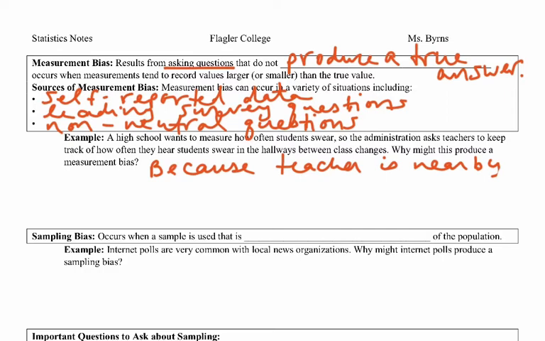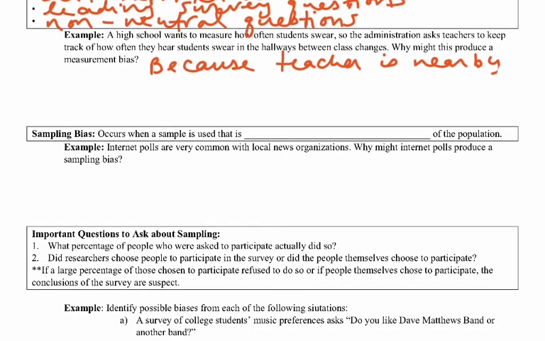So let's talk about another type of bias, which is sampling bias. A sampling bias occurs when the sample that you use to measure your population is not representative of the population.